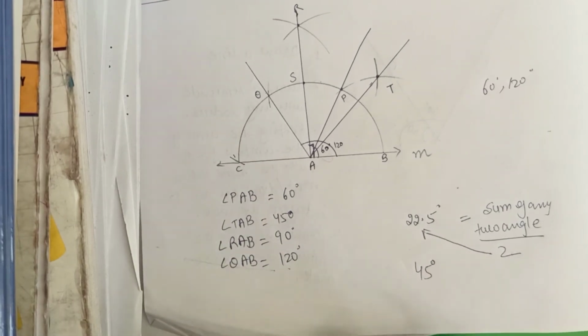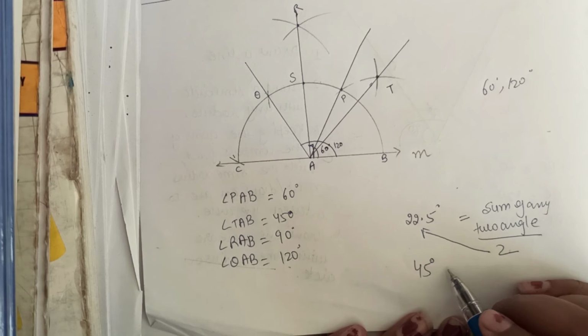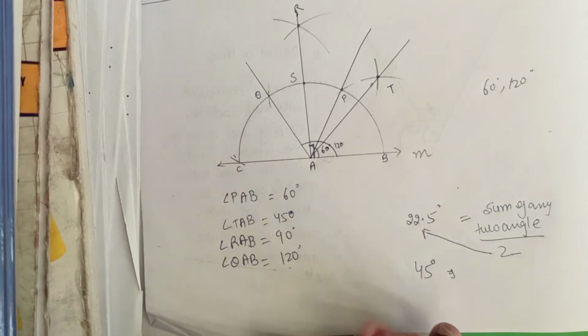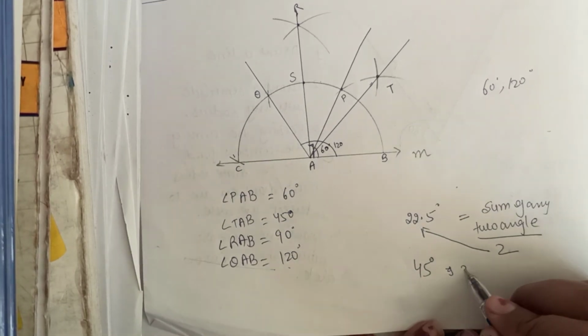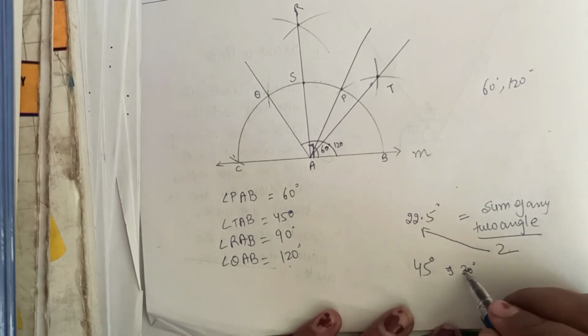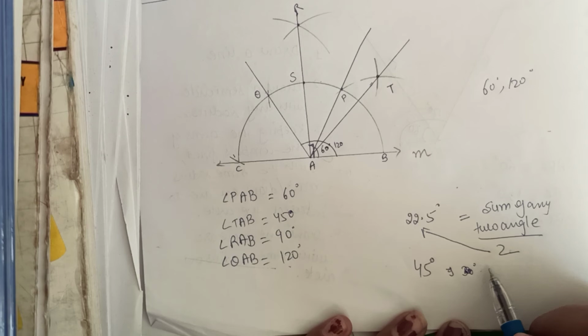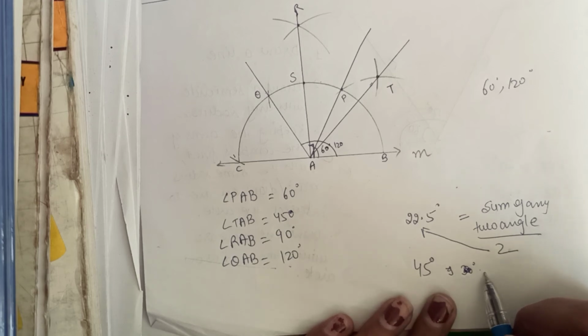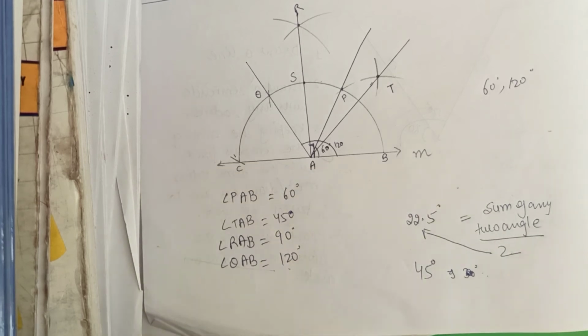right? 45 degree, and I know half of 90 degree is 45. Half of 90 is 45.